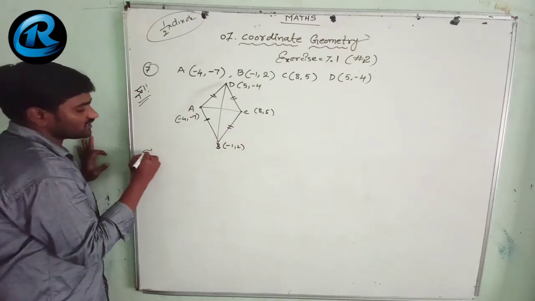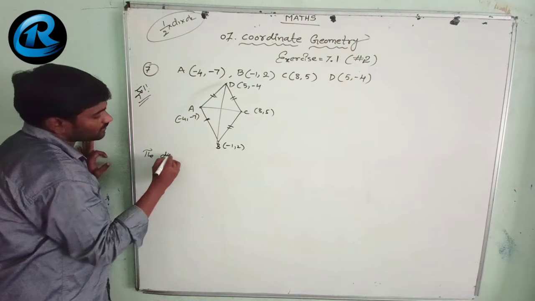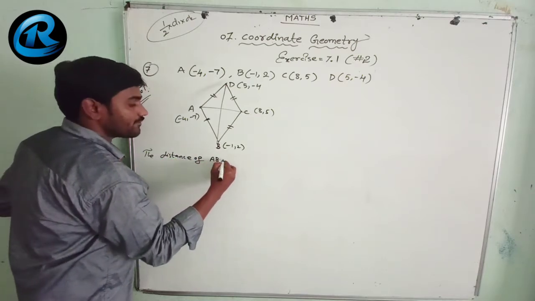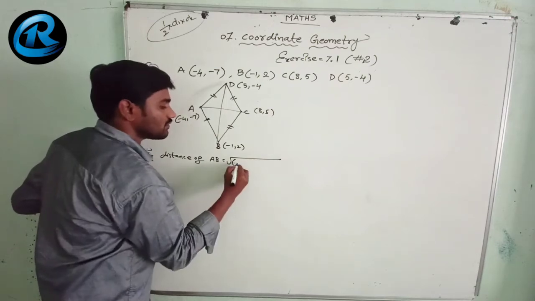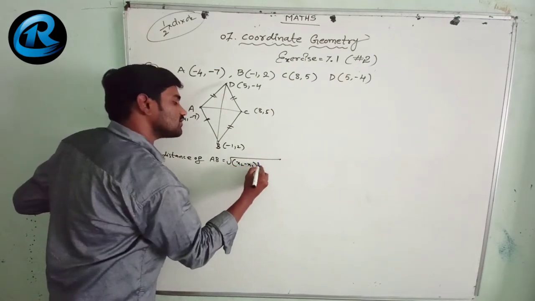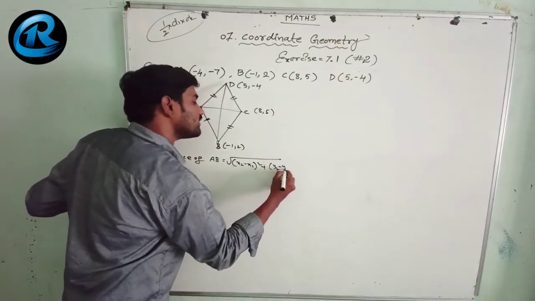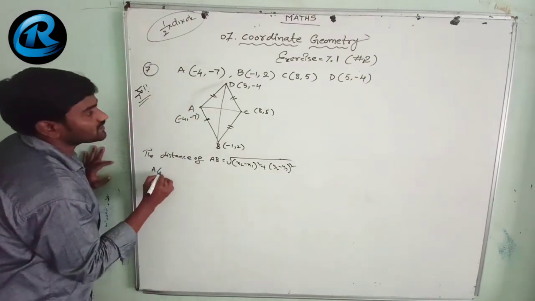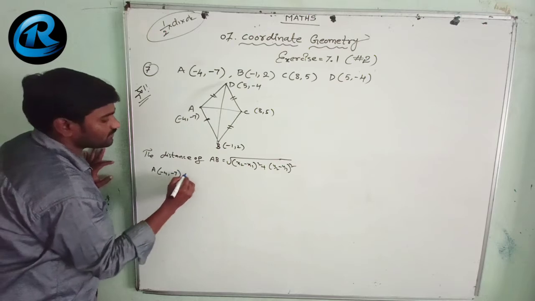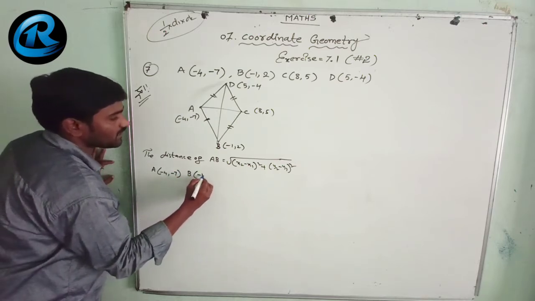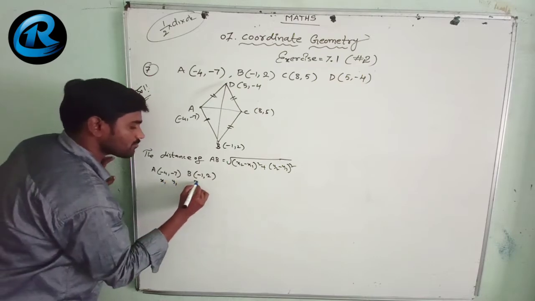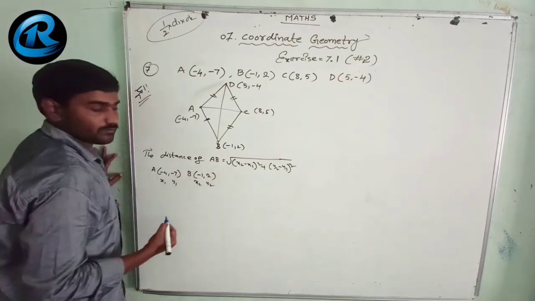Now we will find out the distance of AB, which is equal to under root of x2 minus x1 whole square plus y2 minus y1 whole square. Here point A is minus 4 comma minus 7. Point B is minus 1 comma 2. x1 y1, x2 y2.